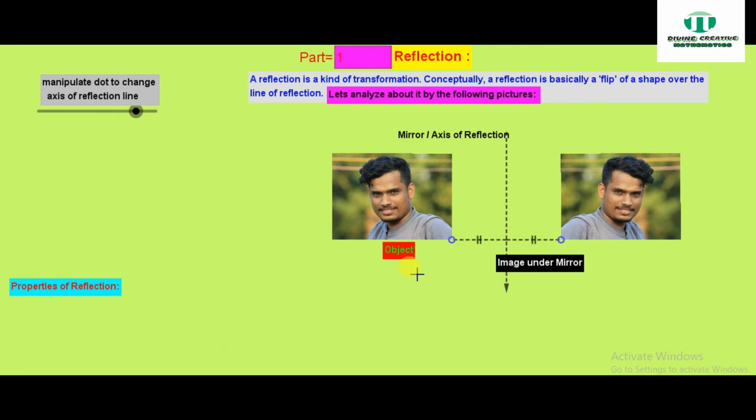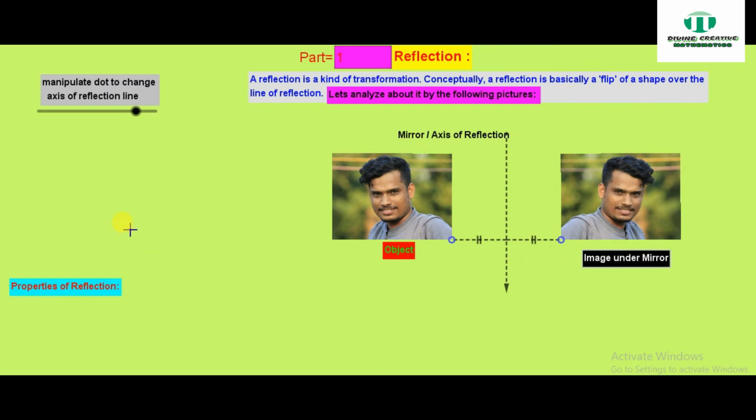Now you can see that this figure is the object, this picture is the object, and this dotted line with the arrow, this imaginary line, is known as the mirror, and this is the image.